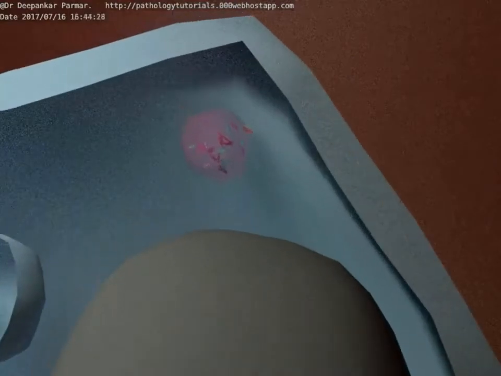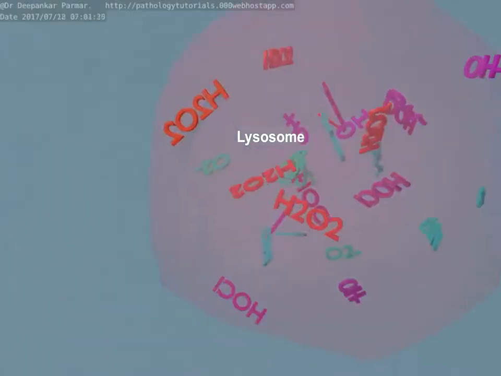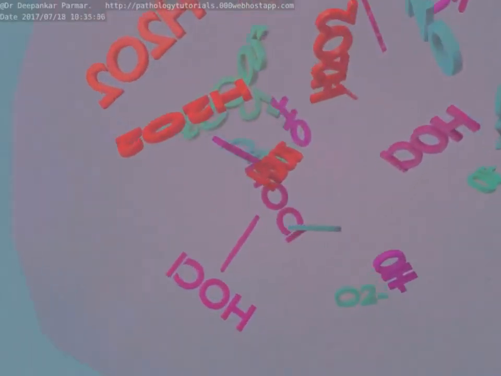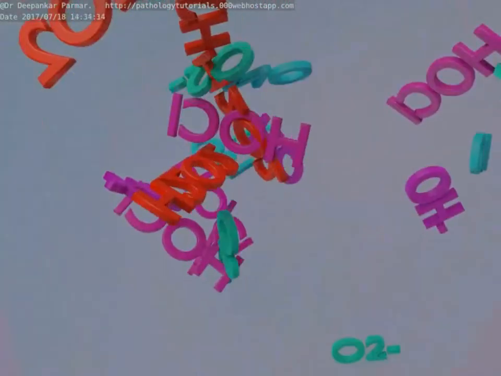Next in the animation, we can see the lysosome that contains enzymes responsible for degrading and killing of engulfed bacteria.